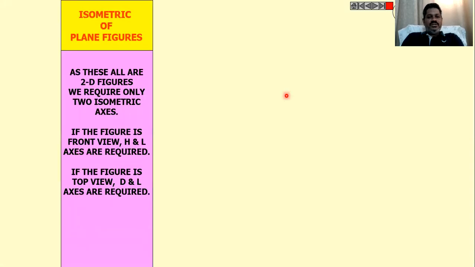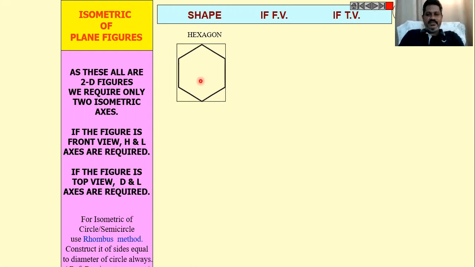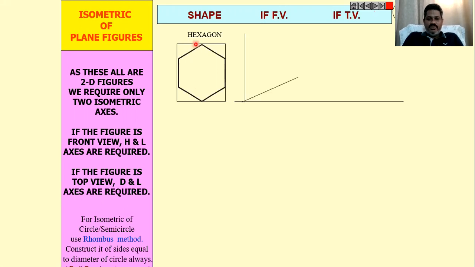Now let us see some more planar figures. Now we have a hexagon here, and inscribe this hexagon in a rectangle like this. Then draw the front view and top view.